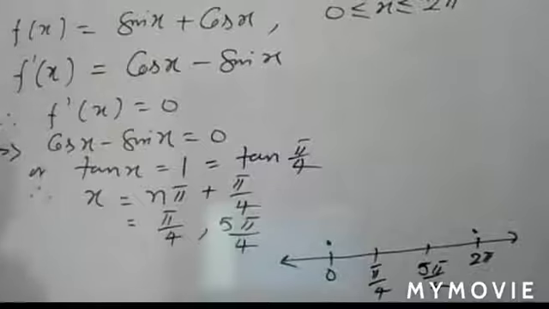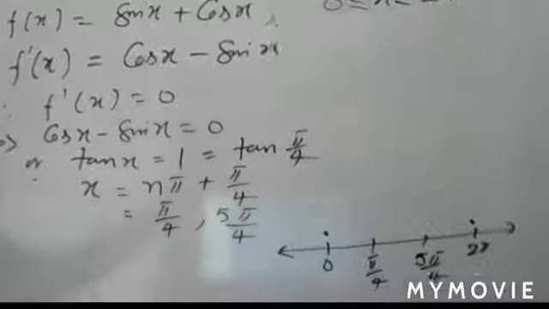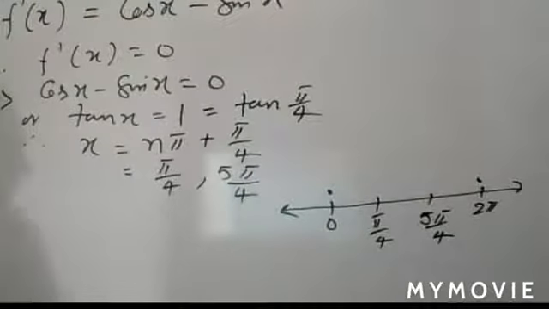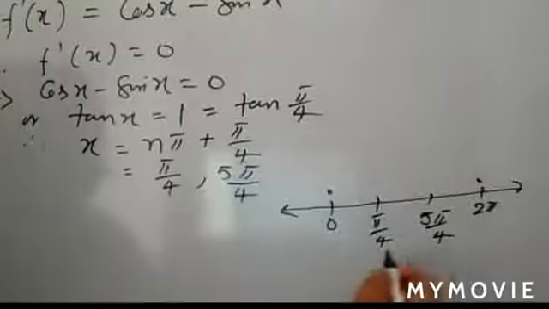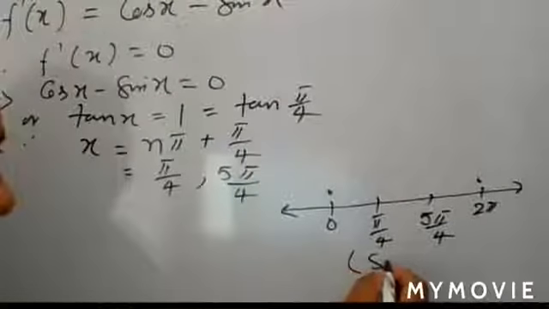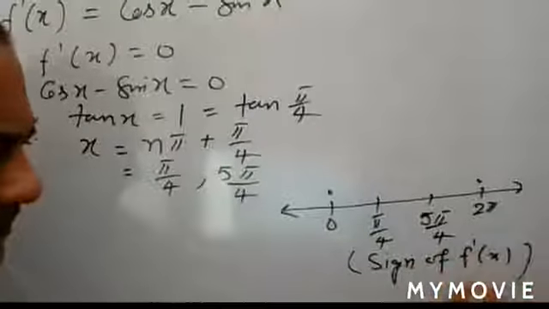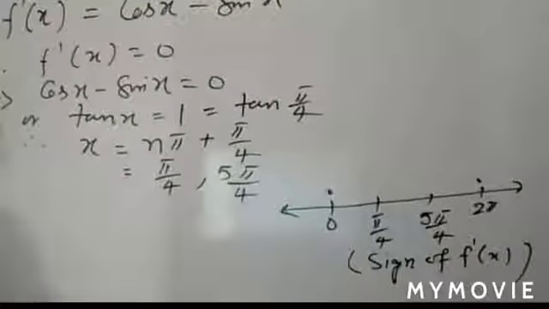Now you only have to check the sign of one interval, and then alternately change the sign. So you check the sign of f'(x).